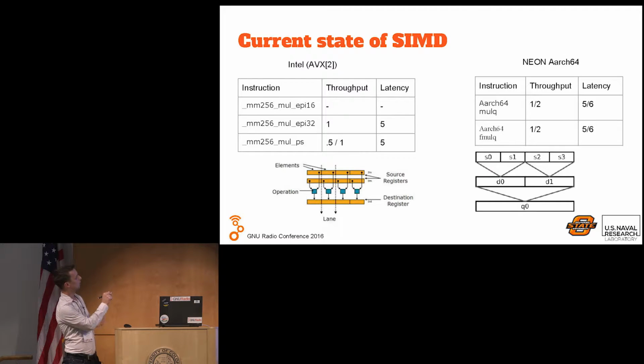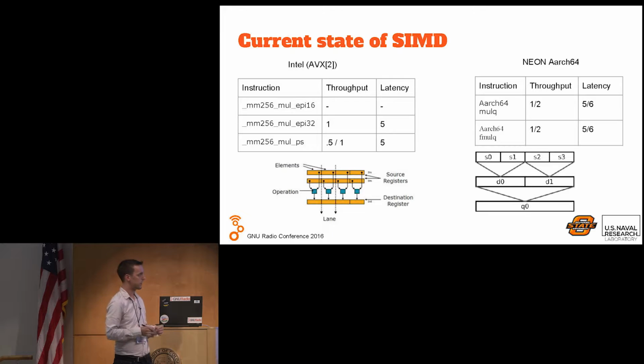Here's why. So I took the multiply instruction. Here's an AVX2 multiply 16, so multiply shorts. Here's multiply integer, and here's multiply floats, single precision floats. The throughput and latencies are the same for AVX2. Now you say, all right, ARM is a little different, and with ARMv7, I definitely remember looking at the instruction TRM, and sure enough, the fixed point or integer math was faster.